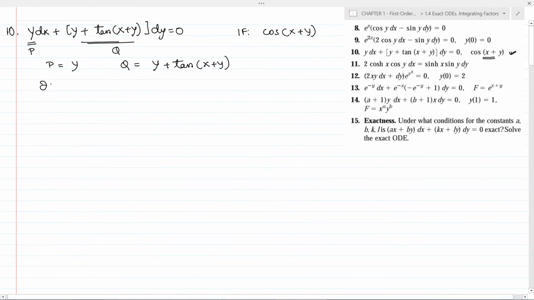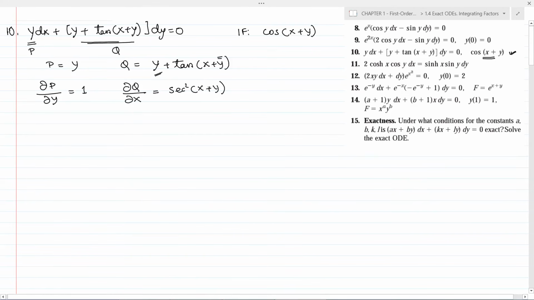If we calculate del p by del y, that will be equal to 1, and if we calculate del q by del x, the partial derivative with respect to x of the first term will be 0, and for the second term we will assume y as constant and we can write sec square(x plus y).